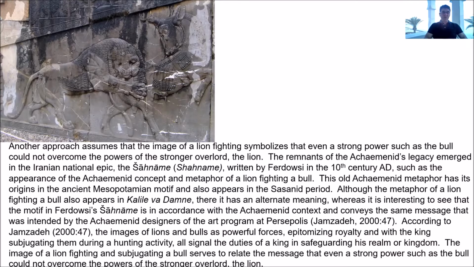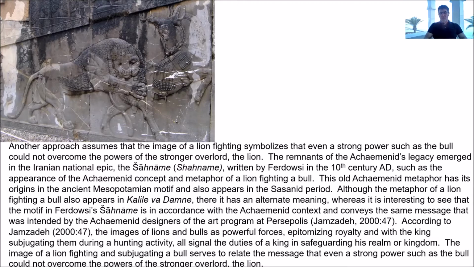Although the metaphor of a lion fighting a bull also appears in Khalil-o-Damneh, there it has an alternate meaning. Whereas it is important to see that the motif in Ferdowsi's Shahnameh is in line with the Achaemenid context and conveys the same message that was intended by the Achaemenid designers of the art program of Persepolis, according to Jamzadeh.